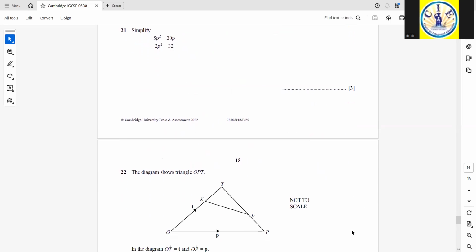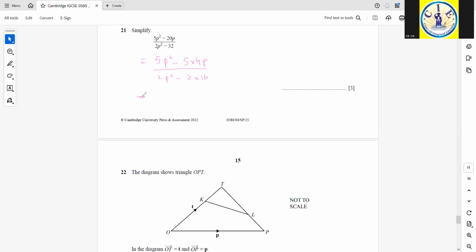Okay, now it is question number 21. We need to simplify them. Okay, we can have 5p squared minus 5 times 4p divided by 2p squared minus 2 times 16.